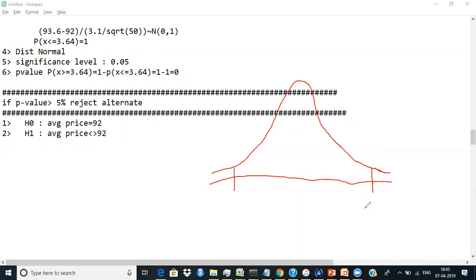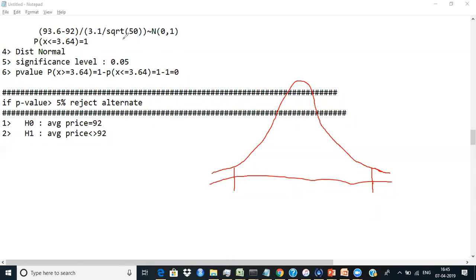Now here it becomes complex, so we take the easy way out. When can we accept? We accept if it falls in a region that contains 95% of the probability, because my significance level is 5%.